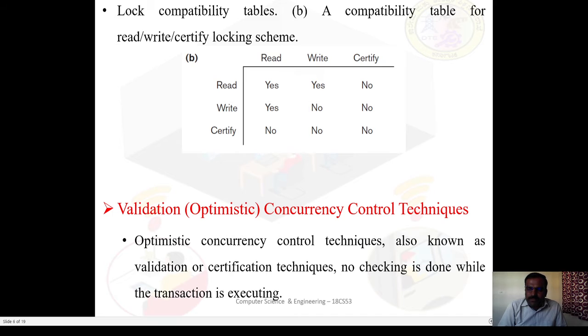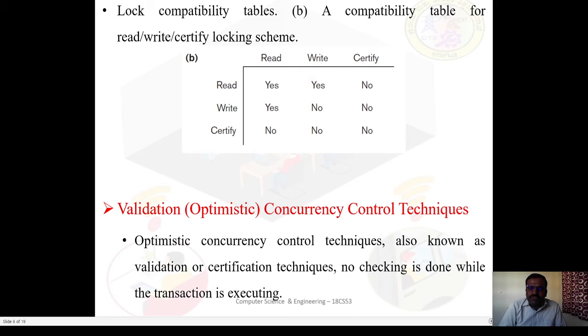In this scheme, updates in a transaction are not applied directly to the database items until the transaction reaches its end. During transaction execution, all updates are applied to local copies of the data items that are kept for the transaction.